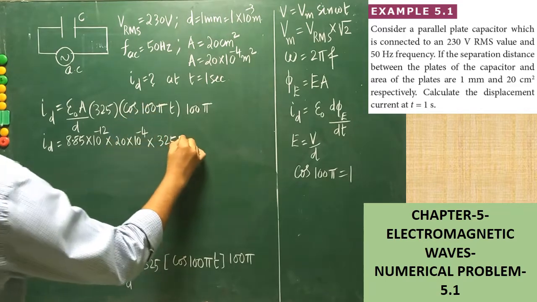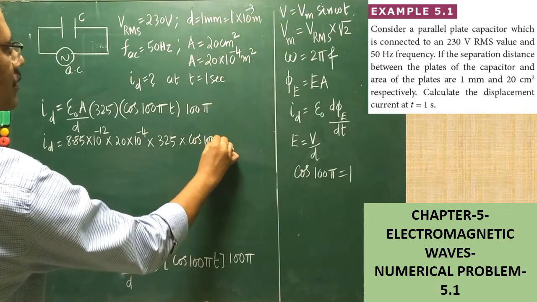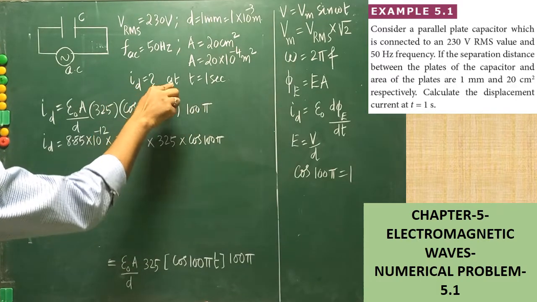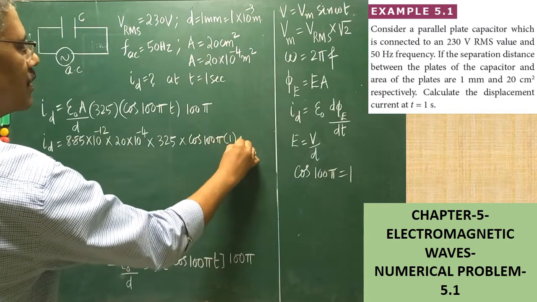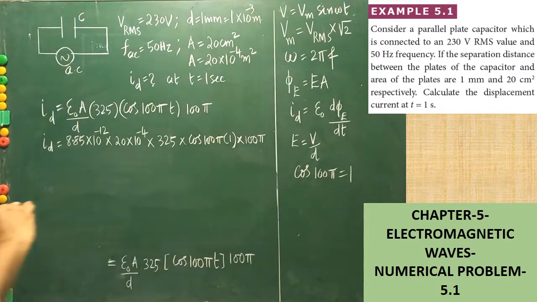Here cos 100 pi is there. Instead of t, you are asked to calculate the displacement current at 1 second. Therefore, t is to be replaced by 1, into the remaining value, 100 pi. So, everything is written.